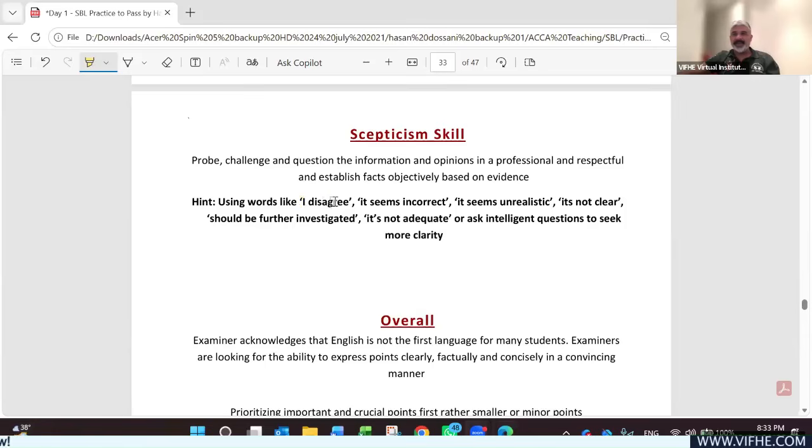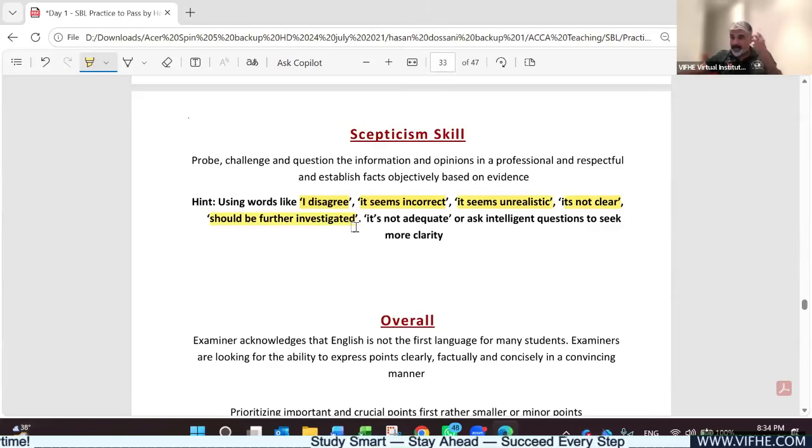You can use words like I disagree. If there is any stupid comment by some other director, you can say I disagree, and then give your logic for why you disagree. This shows that you have a skeptical mind. Or it seems incorrect, again you are challenging something. Or it seems unrealistic, it's not clear, or it should be further investigated.